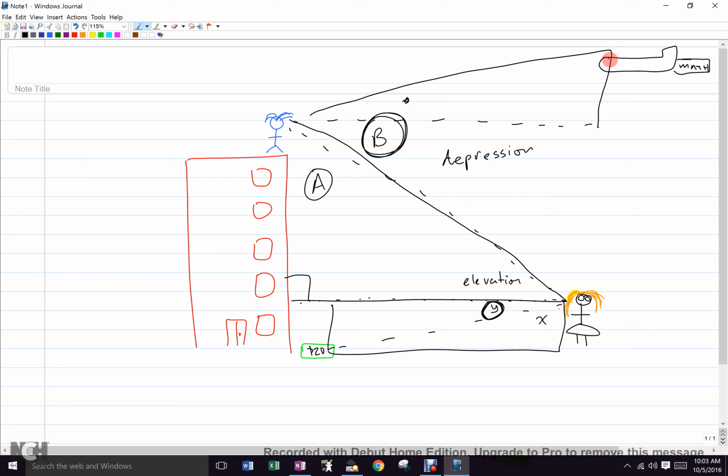Pilot, looking down, good-looking dude on top of building. Where is his angle of depression? Q or R? R. Because his eye starts out there and then goes down to the good-looking man on top of the building.